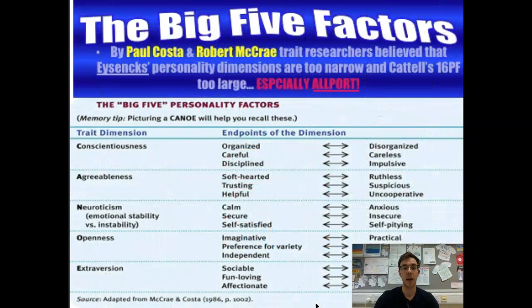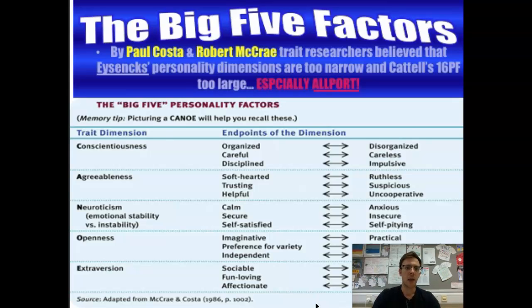Okay, next here we have the Big 5 factors. This theory was developed by Paul Costa and Robert McCrae, who believed that Eysenck's personality model, these 2 dimensions, was too narrow, looking only at extroversion, introversion, and emotional stability, instability, which on here would be seen as neuroticism.